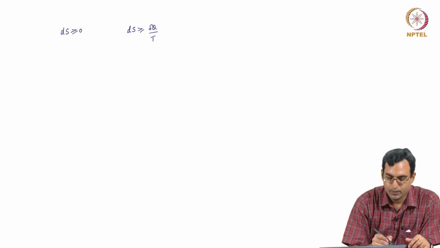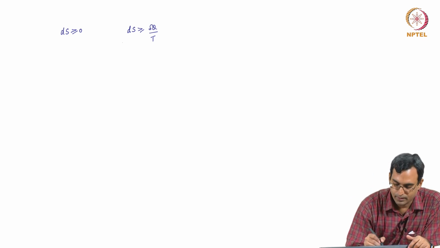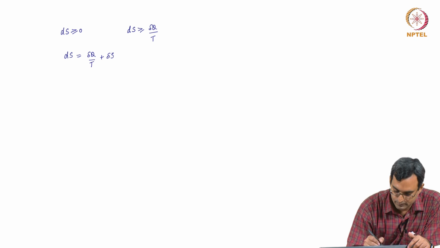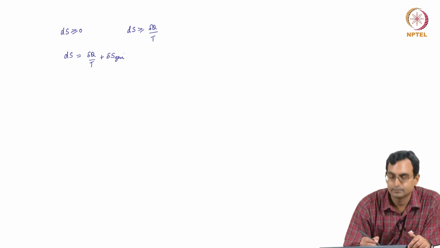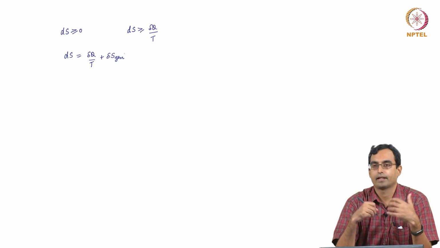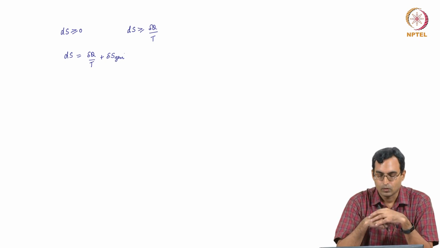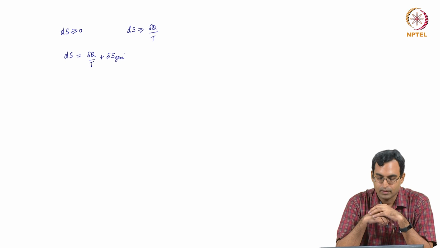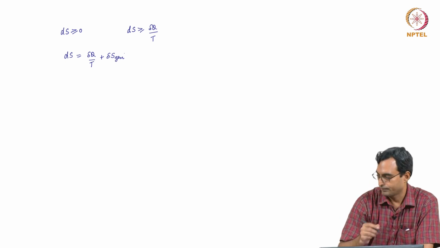So, we can convert this expression to an equality by writing that ds is equal to del q by T plus some delta s, which is generated, some entropy which is generated in the process. In that fashion we can convert it to an equality.